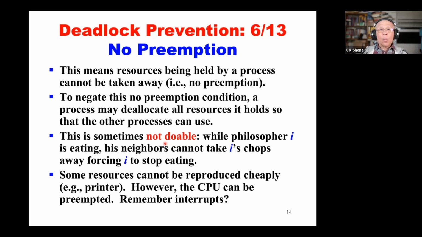Now, when the printer can be used by my program again, what am I supposed to do? Because someone is allowed to cut in and print their output. When I get the printer back, am I supposed to start printing from the very beginning or print the remaining 5%? This is going to be a tough choice.